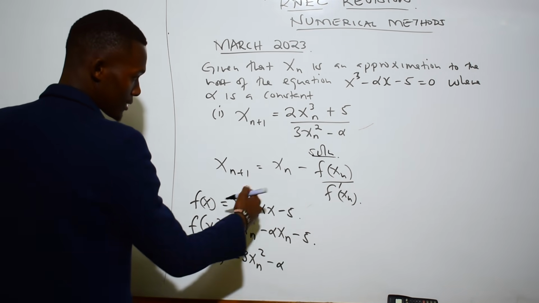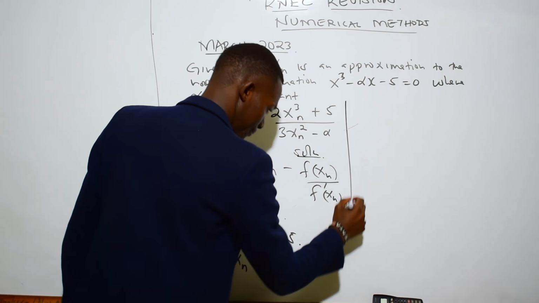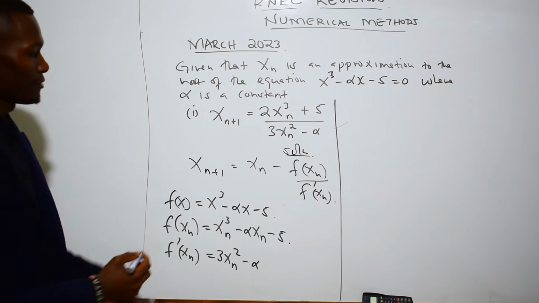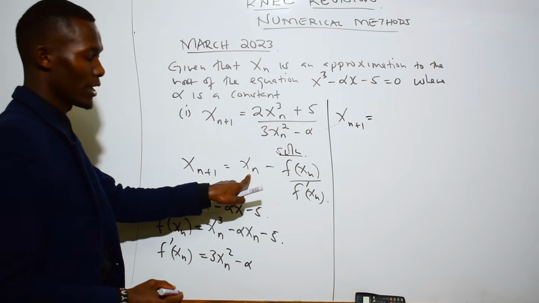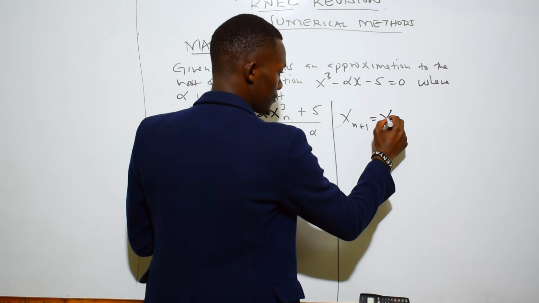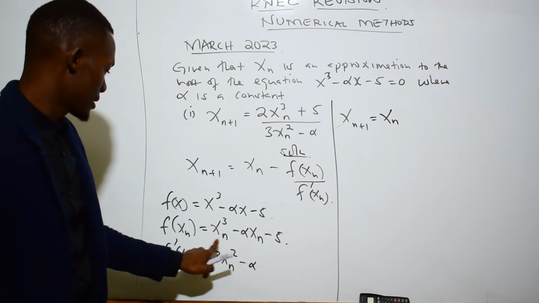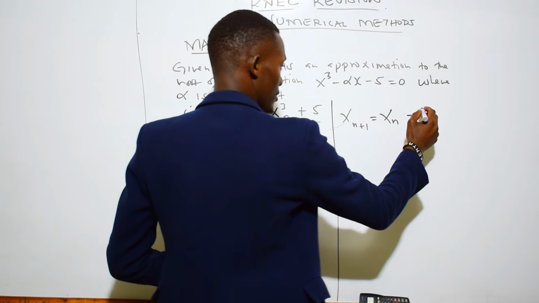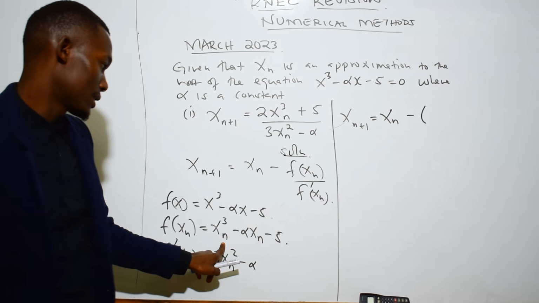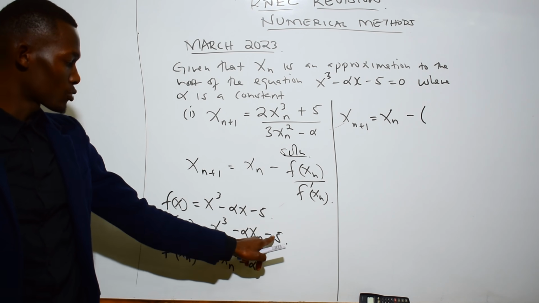Now, replacing everything, we have our fxn and our f prime xn. Replacing this in the formula, the better approximation x n plus 1 is given by xn, then subtract our fxn, which is this function here. Always put that into brackets because it will affect what we have inside.